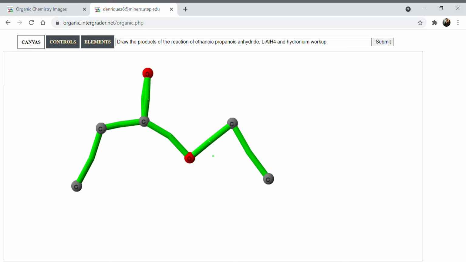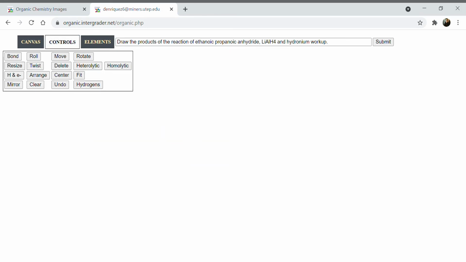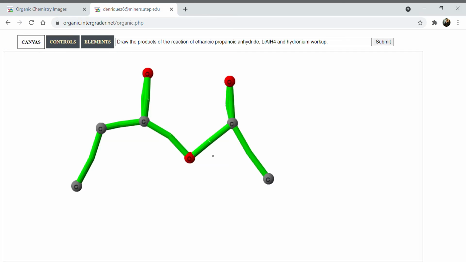Okay, so I'll start by drawing the propane, and then I'll have an ethane right there. Right. I'll do a double bonded oxygen, a single bonded oxygen, again connect to that carbon to make an anhydride. Okay.